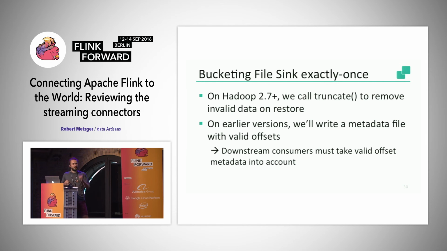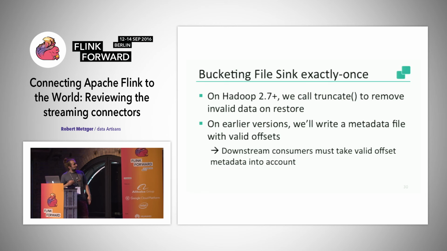And why this is interesting is if you write files to HDFS, and if you have a failure in between, then you need to make sure that when you restore, you also roll back what you have already written to the file system. Otherwise, you might see duplicates in the written data. So what you do if you restore from a checkpoint, you roll back the internal state. And if you use Hadoop 2.7, you also truncate the file to the data that was written at the point where the checkpoint was taken.